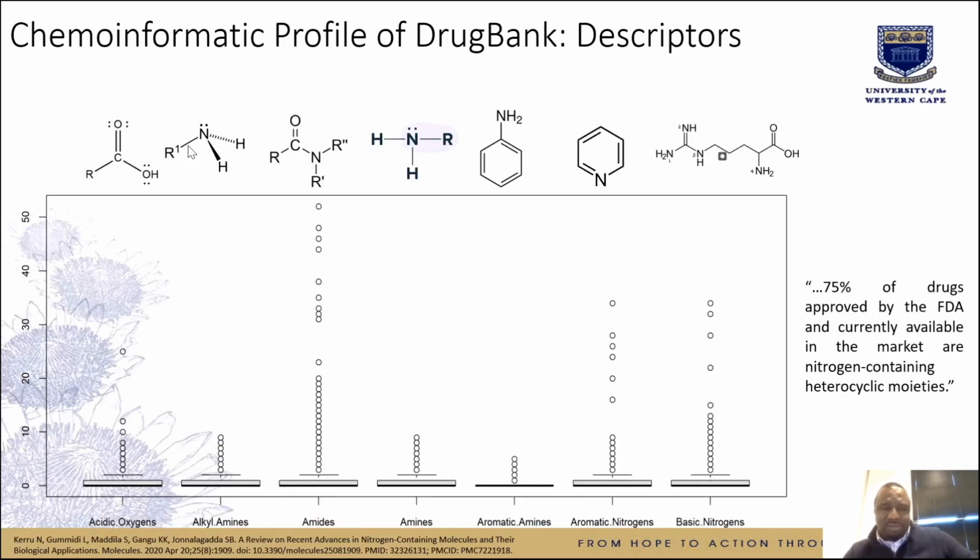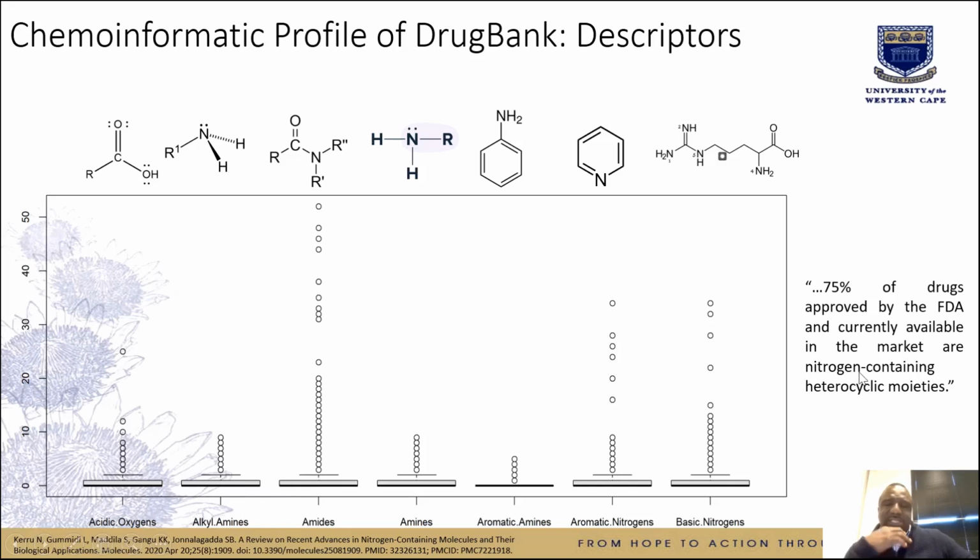Secondly, we set out to look at some essential descriptors, particularly looking at functional groups that are predominant within the database. And when we did a box plot of these various groups, what we observed was the amides. There seems to be quite a lot of them within the database, as you can see from the outliers in the box plot.